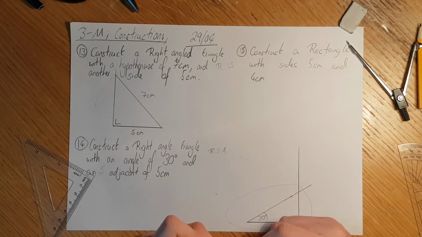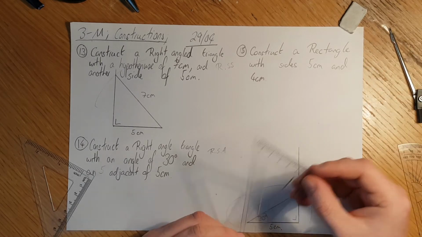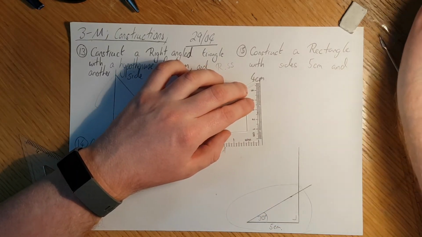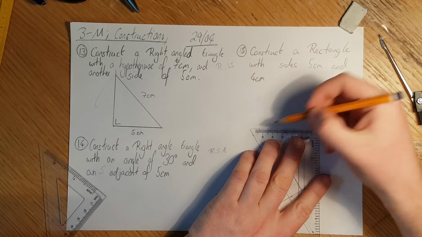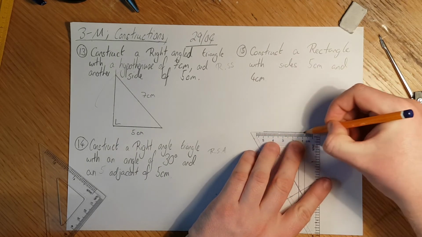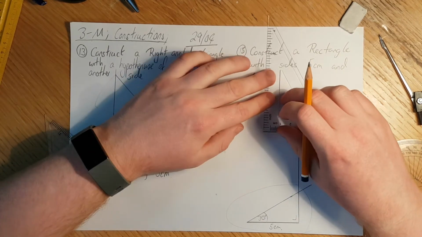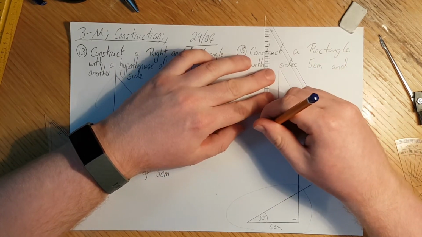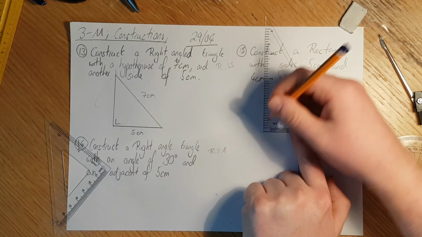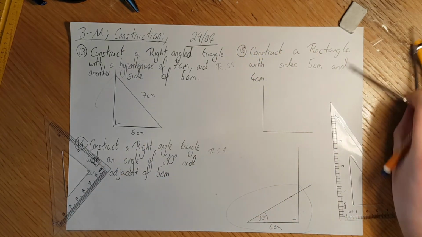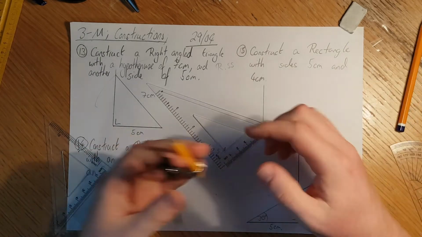So, construct a rectangle with sides 5 centimeters and 4 centimeters. What we do in this case is first we'll do a base of 5 centimeters. Okay. Then we will do a right angle going upwards, and measure it out at 4 centimeters.